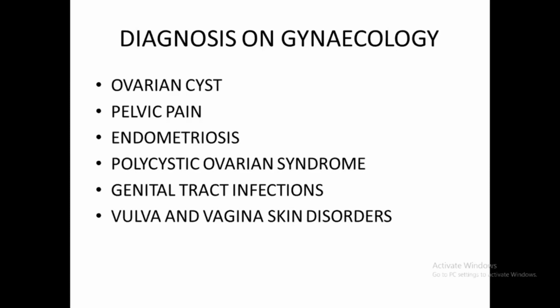Then polycystic ovarian syndrome. Polycystic ovarian syndrome is a very big problem that women are facing nowadays. It is one of the diagnoses that gynecologists use, especially for a person who has crossed the age of 40.